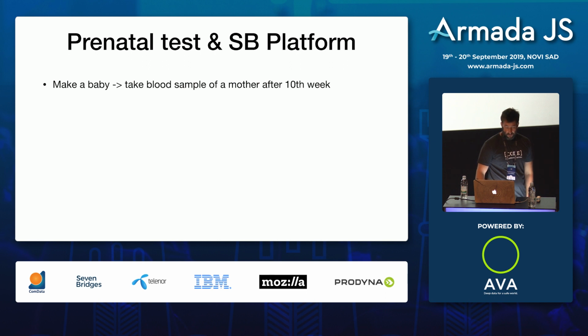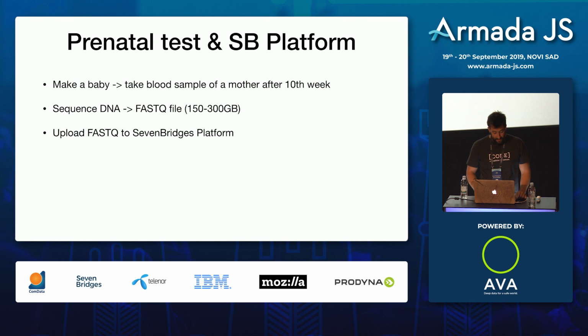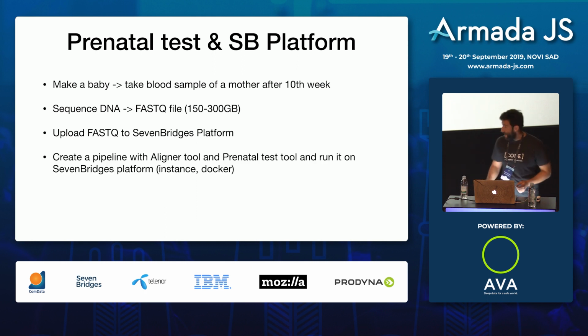On Assembly platform. So make a baby, sequence DNA. You upload the FASTQ files to Assembly platform. Now you create a pipeline with the aligner tool, and then input files go to the aligner tool, output files will now go to prenatal test tool, and you click. At that moment, in the background, a new instance will be allocated.